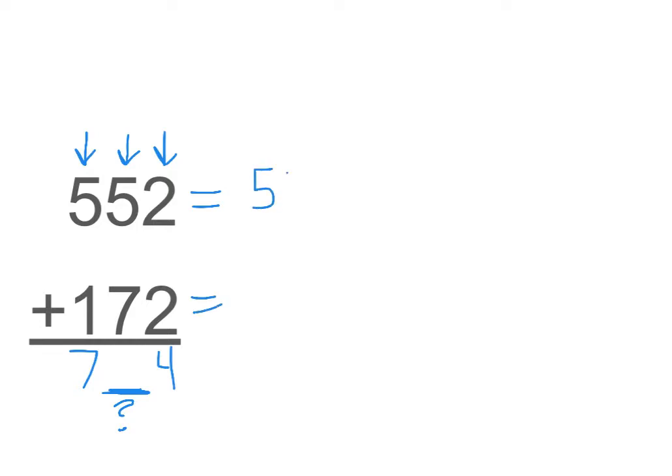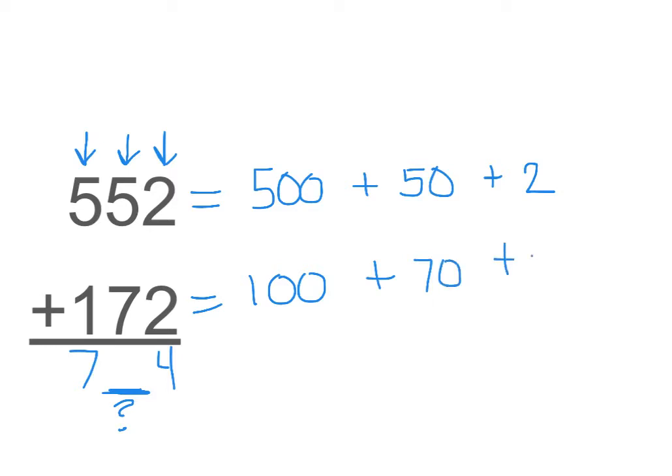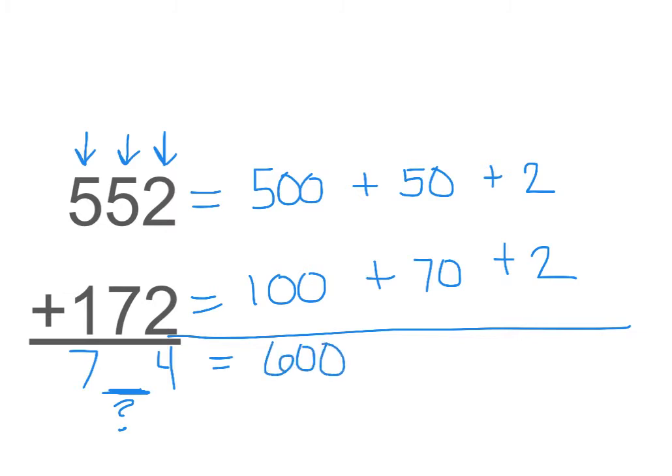So 500 plus 50 plus 2, 100 plus 70 plus 2. 500 plus 100 equals 600. Well, 50's always looking for another 50, so let's give it to him, and then we have a 20 left over. So 50 plus 50 equals 100.